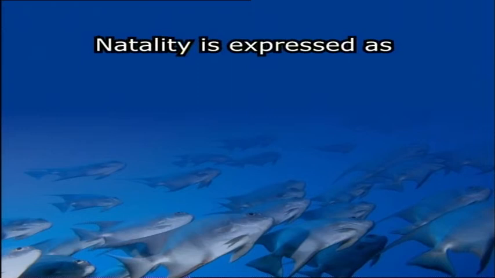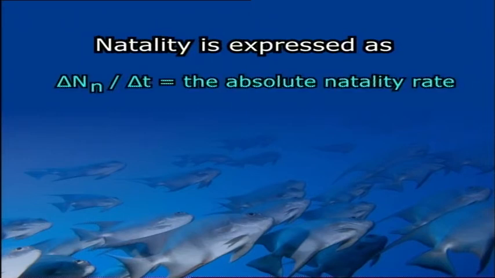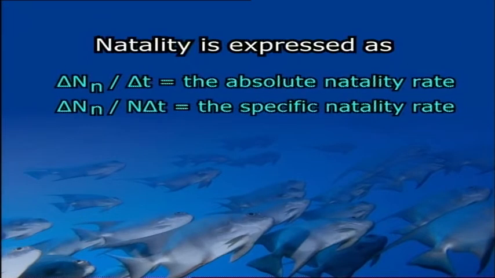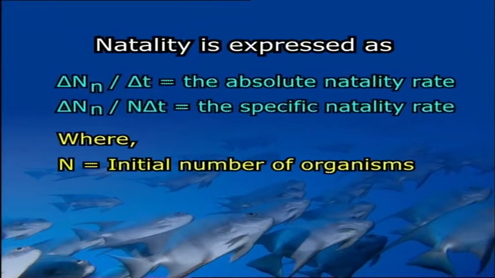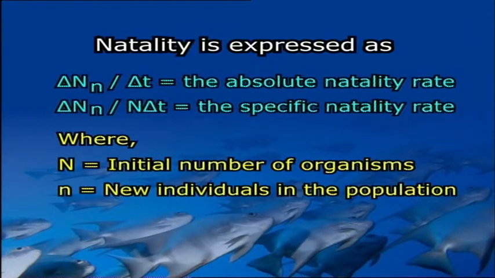Natality is expressed as ΔN/Δt, that is the absolute natality rate. ΔNn/NΔt represents the specific natality rate, where capital N indicates the initial number of organisms, small n indicates new individuals in the population, and t indicates time.